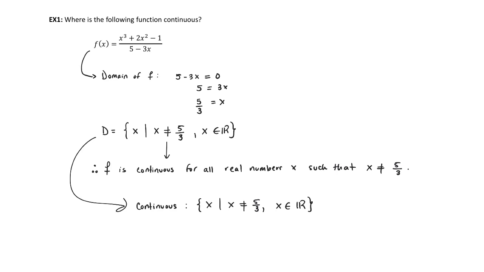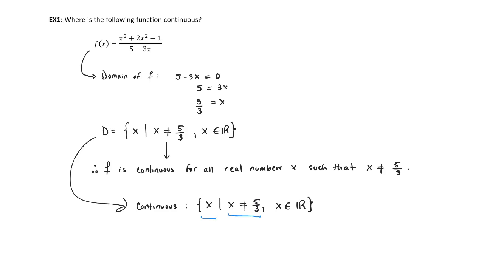Set notation has three components here. This part introduces the variable. In other words, are we going to be working with x or y or z or v? This condition here introduces conditions or restrictions.